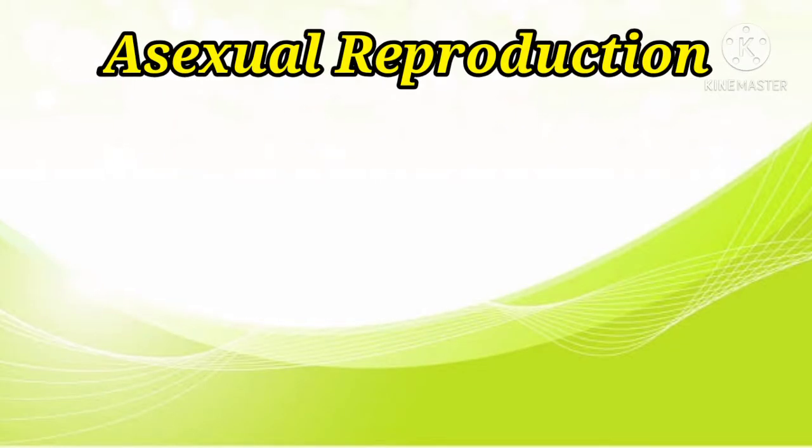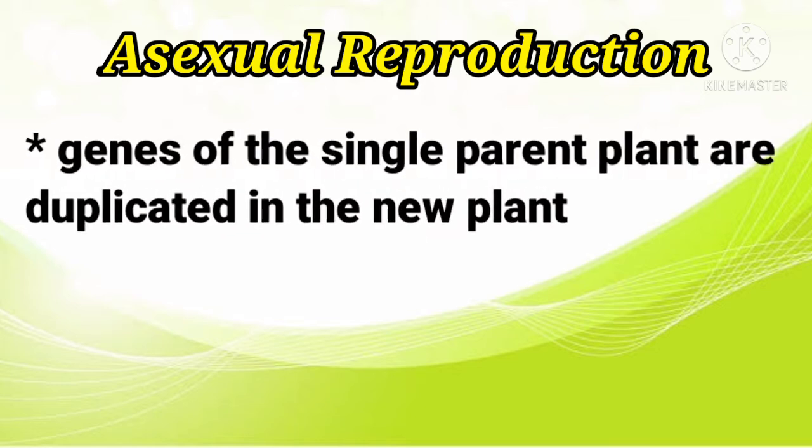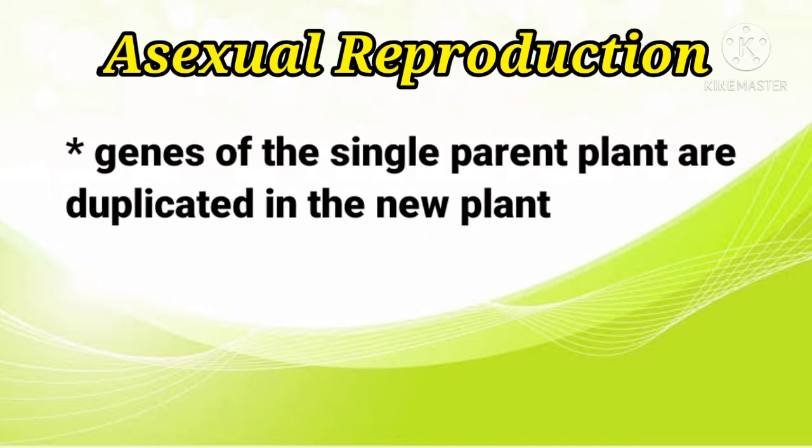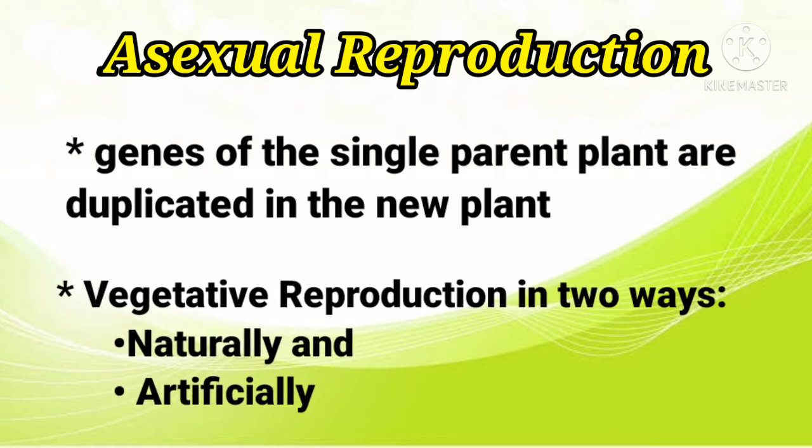In this process, the genes of the single parent plant are duplicated in the new plants. This can happen by apomixis or vegetative reproduction. And vegetative reproduction can be done in two ways, naturally and artificially.